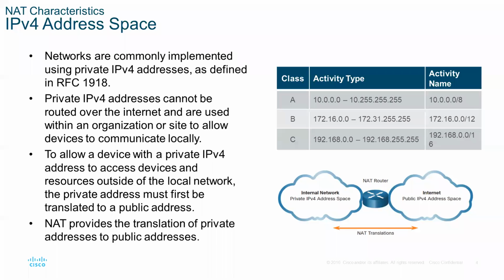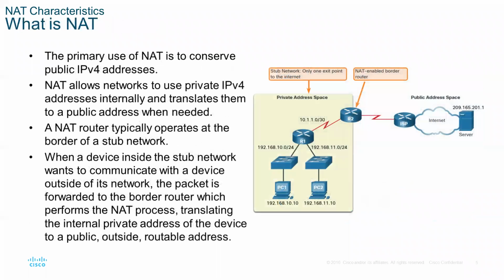They can be used in your private networking space without getting any permission from anyone. They're uncontrolled. So NAT allows us to translate those addresses that anybody can use into a public address that is assigned.